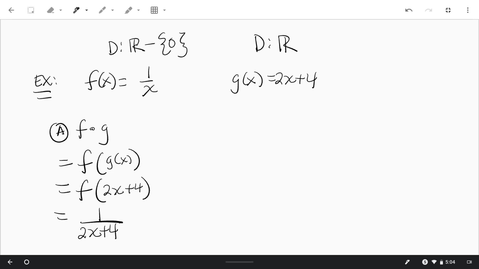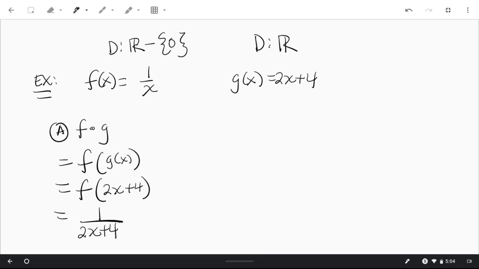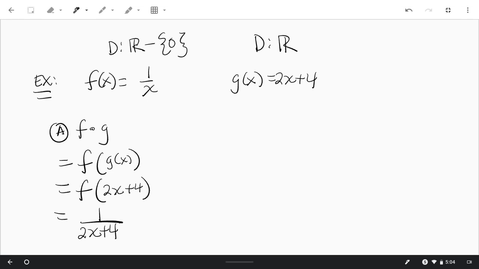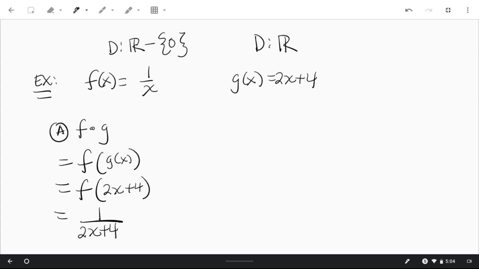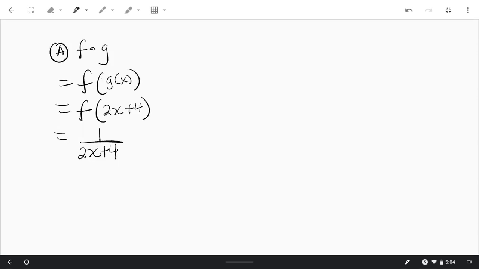Now we want to find the domain. We need to look at the function that we plugged in and the final function that we got. Over here, the one that we plugged in has no restrictions. The domain is all real numbers.